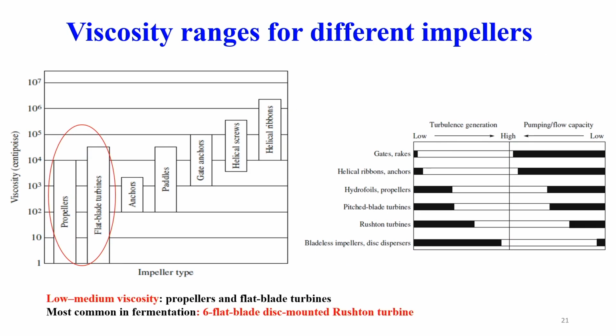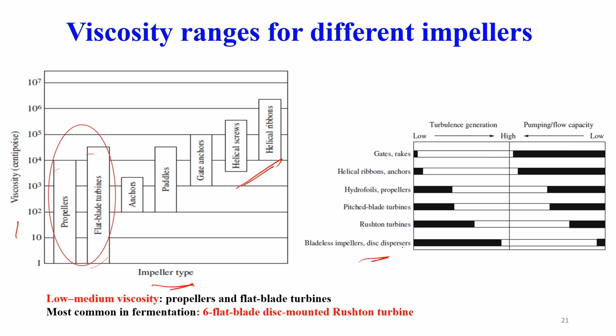Here I have presented the impeller type and viscosity range, in centipoise. You can see that for low to medium viscosity, propellers and turbines are much suited, and for high viscosity, helical screws and helical ribbons are recommended. Further, depending on the type of impeller, you can see the pumping requirement and the turbulence generated.